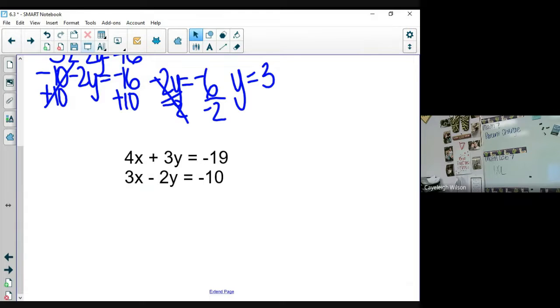Algebra 1 will have decimals and fractions, you all have to do decimals and fractions. So think about what you want to eliminate, either x or y, it does not matter. You gotta figure out what you're gonna multiply both of them by to make them the same number with opposite signs.